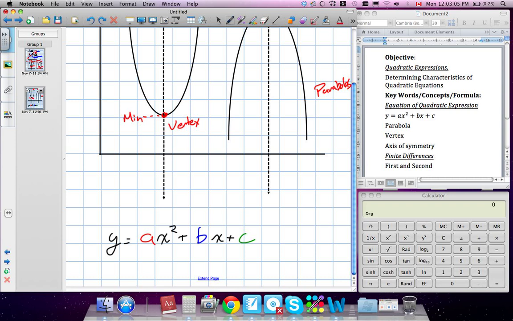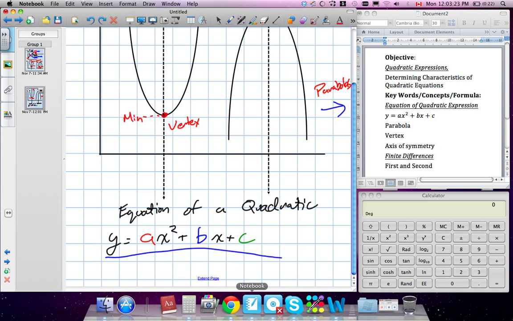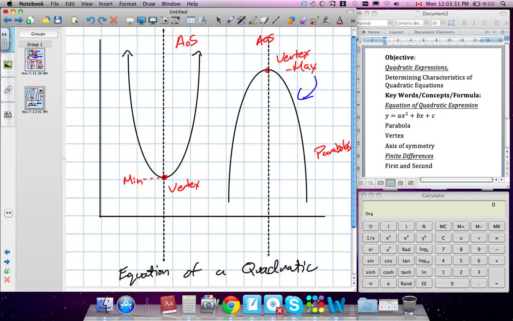This is the equation of a quadratic. Okay? So, the equation of a quadratic is written like this. I want you guys to recognize that if you were to graph this equation, it will be in this shape of a parabola.